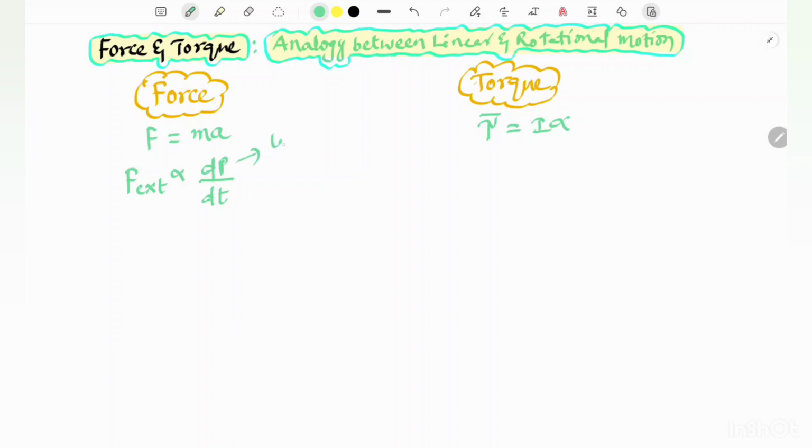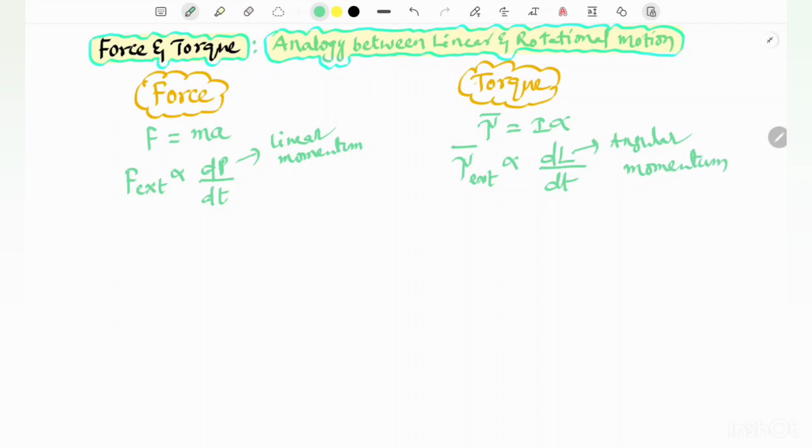Here P is linear momentum. In the same way, in rotatory motion, we can express Newton's second law as: external torque tau bar is directly proportional to dL by dt. Here L is called angular momentum.